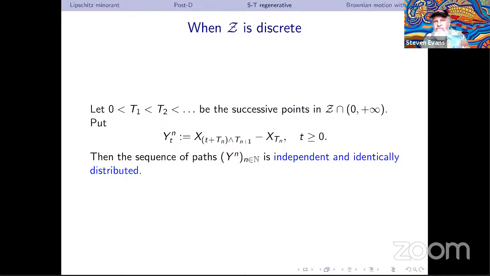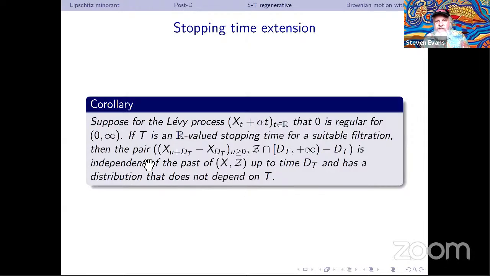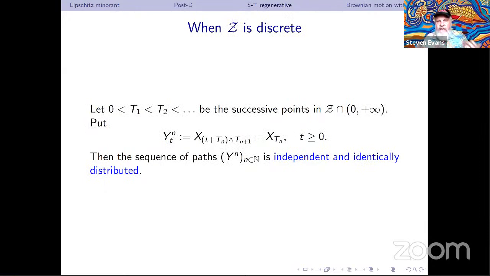That's just going to follow from this. We sort of expect this now, since we've shown the requisite independence that we need. So the successive excursions away from the contact set form a sequence of independent and identically distributed paths.